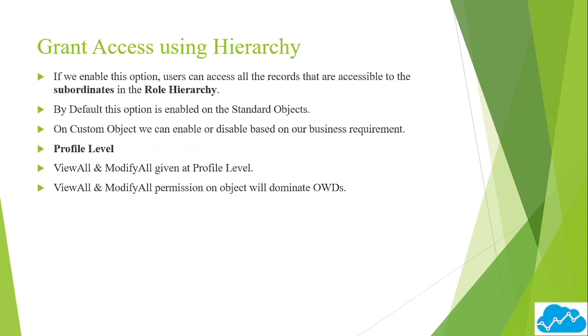Next we are seeing grant access using hierarchies. If we enable this option, the user can access all records that are accessible to the subordinates in the role hierarchy. We have already seen how to create a role, what the role hierarchy is, who comes at the top of the role hierarchy and who comes in the middle or bottom.